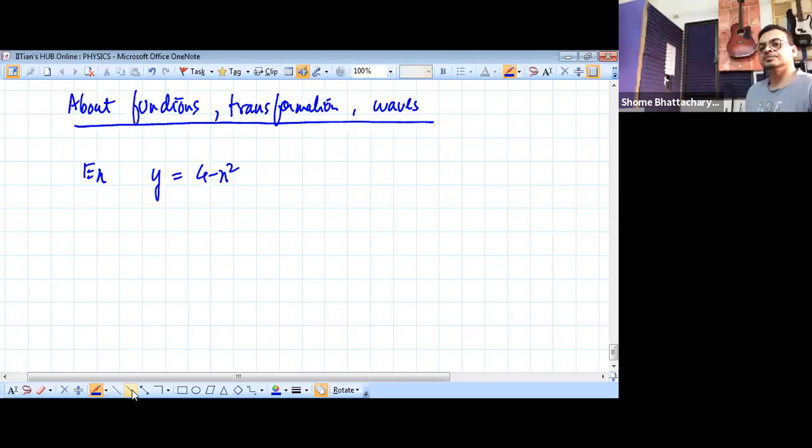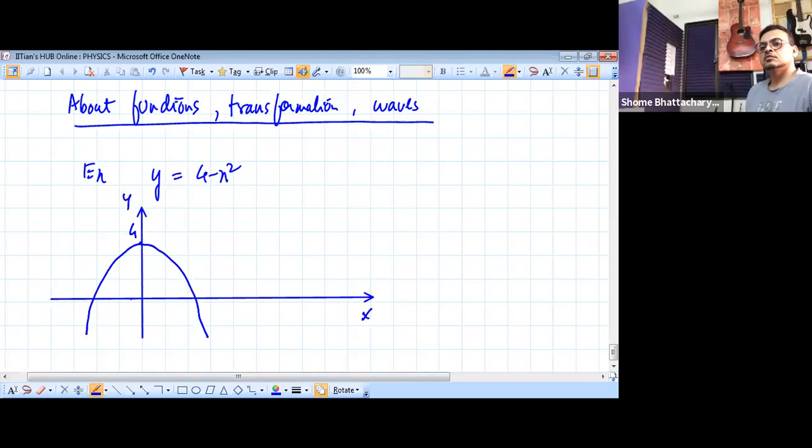Okay. We know the graph of this function. It looks like an inverted parabola, with a peak like this. It looks something like this.